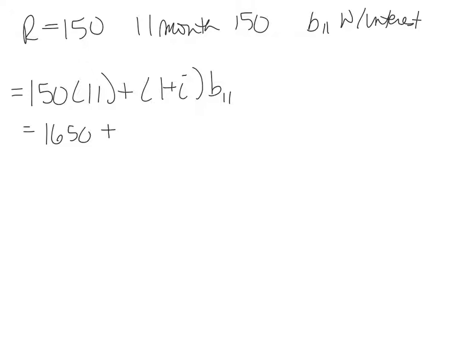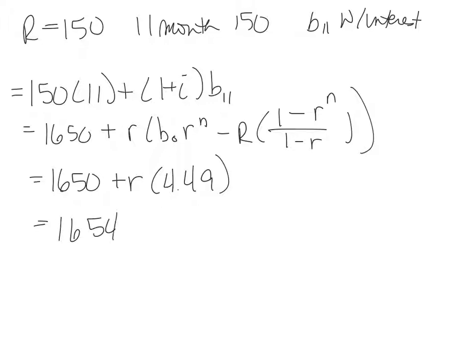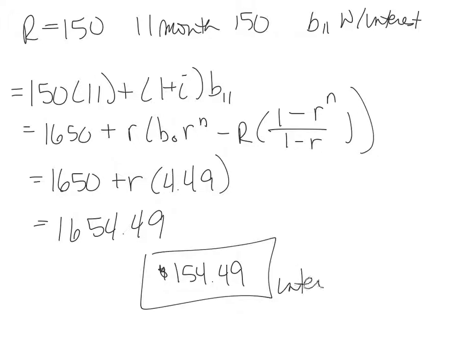Plus, what are we doing here? R times B sub 0, R to the N minus R, 1 minus R to the N over 1 minus R. Cool. So that is 1650 plus R. Look, you're watching me do the work. I calculated it out. I was just writing it down. Okay, there we go. For this one, we're just doing $154.49 of interest. Okay, not so bad, right?